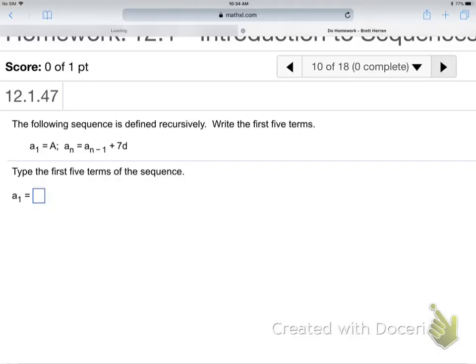All right, try that one. So try that one with letters. Same kind of thing. Instead of numbers, it's letters. So the first term is capital A. They're telling me that straight out.